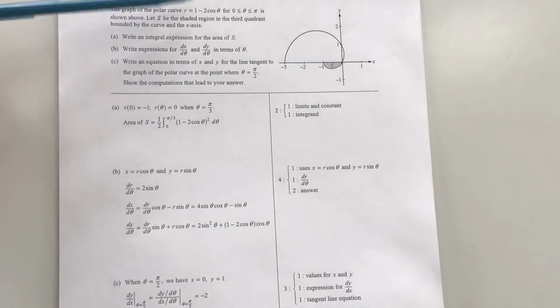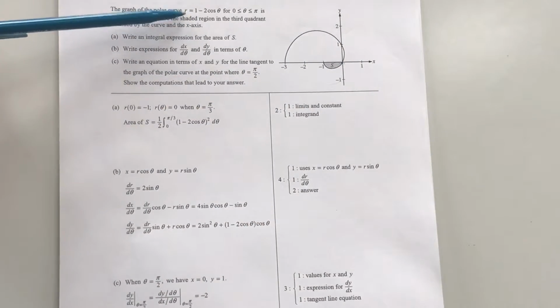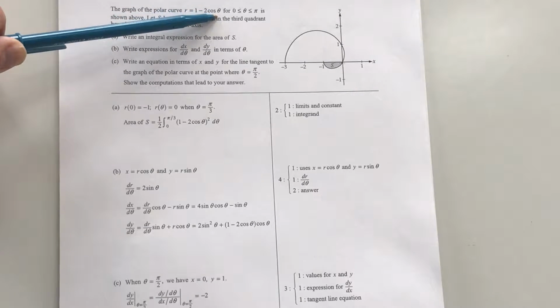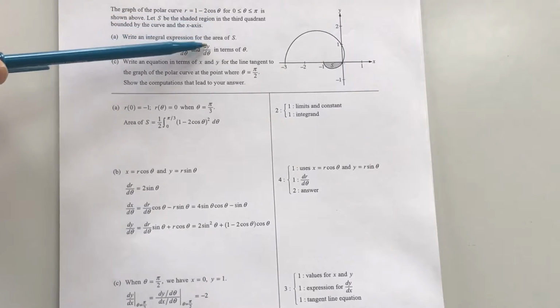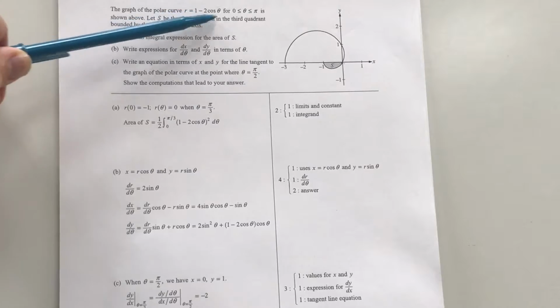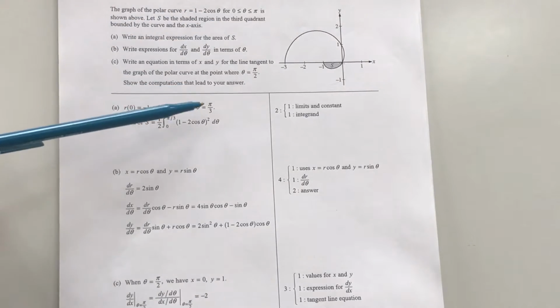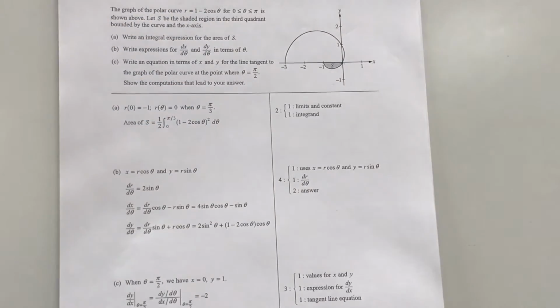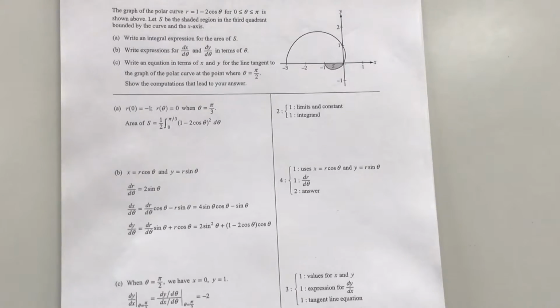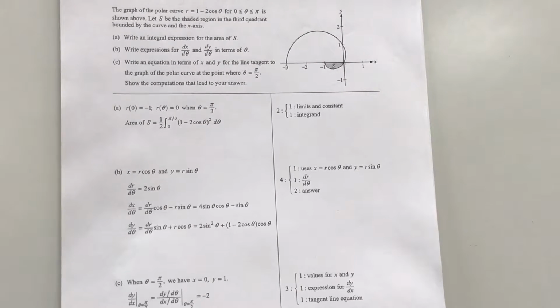So we have to figure out, where is this 1 minus 2 cosine theta equal 0? And if you do a little bit of moving things around, you're going to find pi over 3 as the solution there. It's the place where cosine of theta is 1/2. So the reason they wanted you to find your own bound there is because it's a pretty basic unit circle thing. And once you find that bound, now it's 1/2 the integral of r squared d theta.